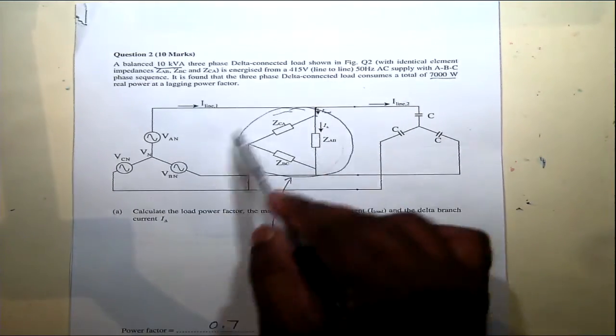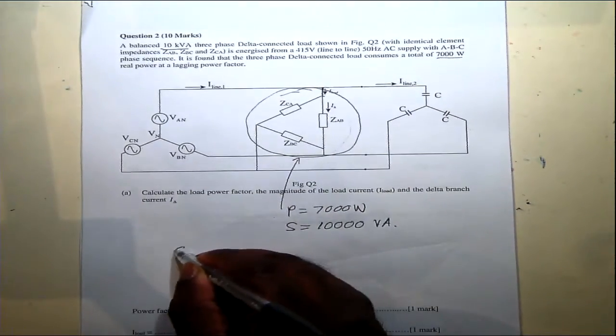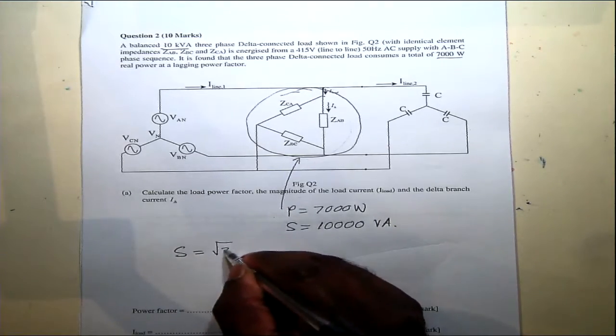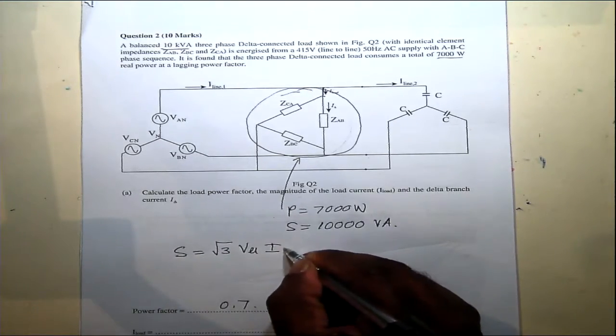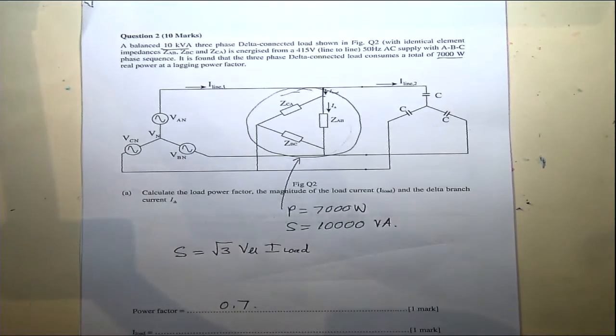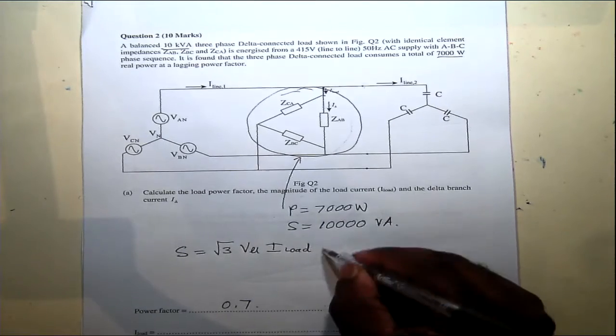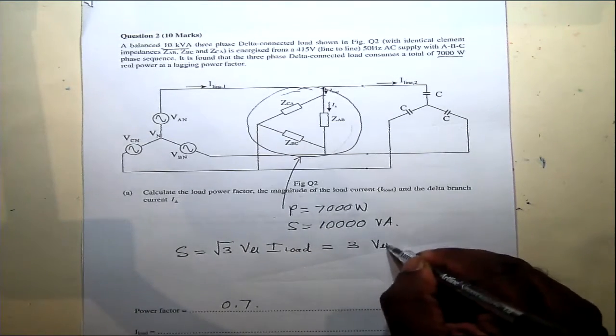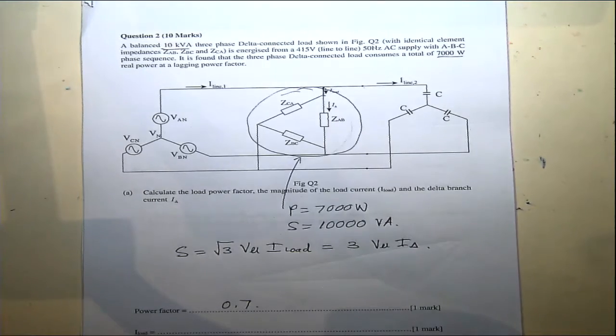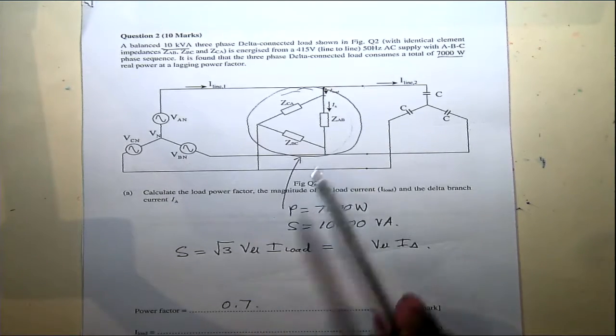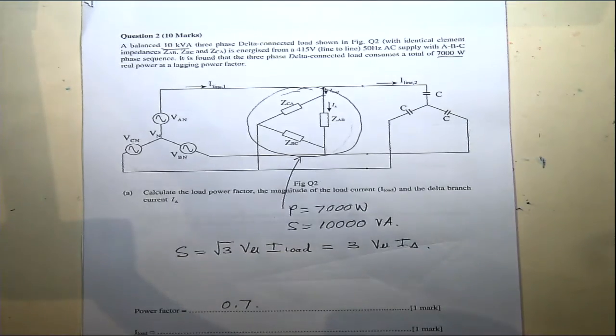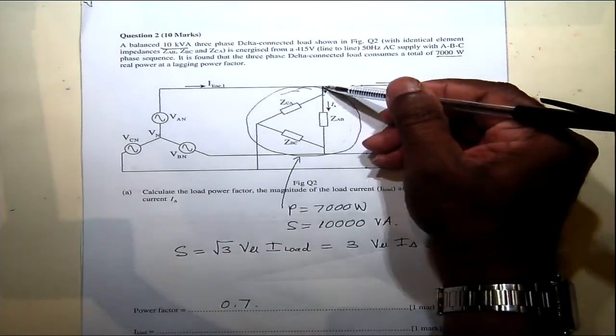For this particular load, we can write the apparent power equals root 3 V line-to-line I load. That's the apparent power equation. If you consider just the individual three elements, we can also write this as 3 times V line-to-line times I delta, the branch current. This is the line-to-line voltage. If you consider the current into the node of the delta, that's the load current coming in here.